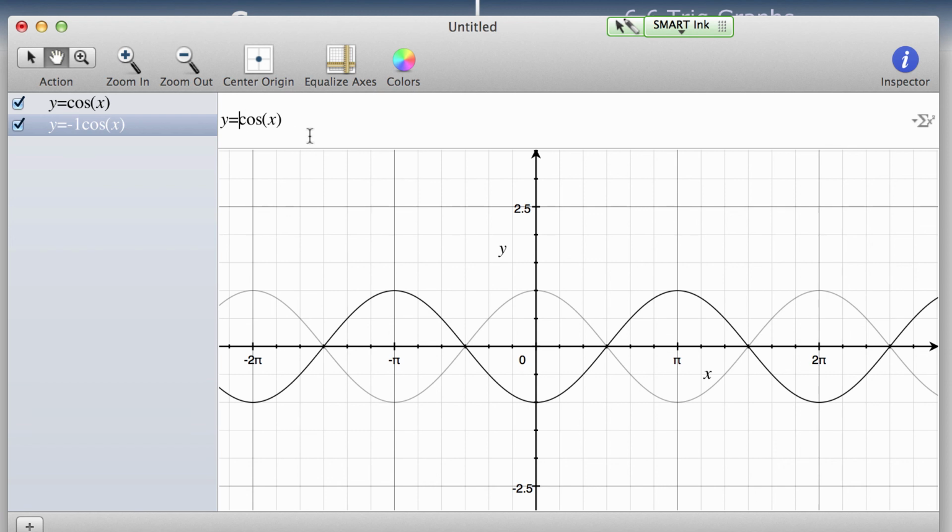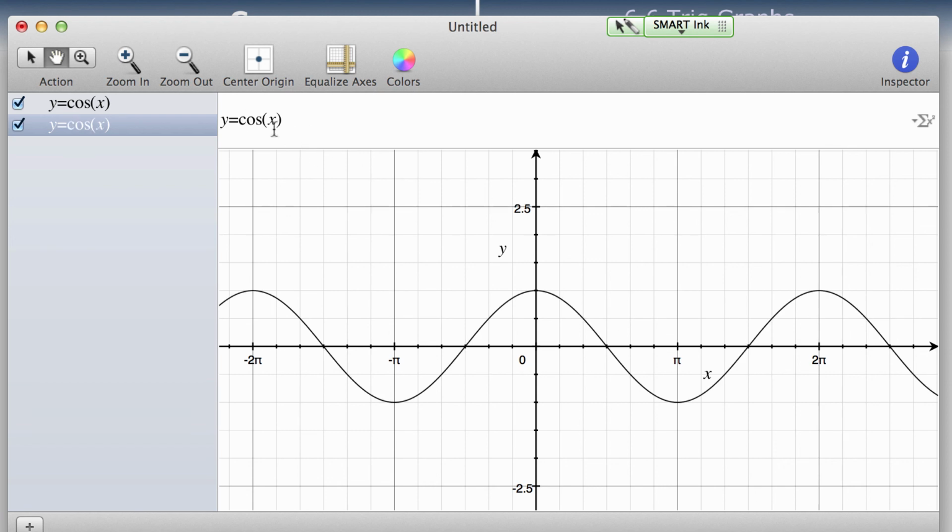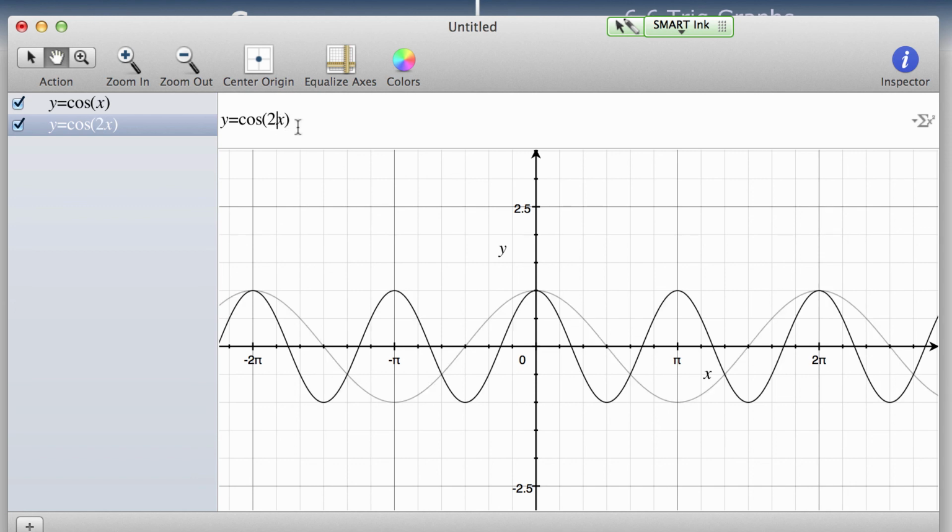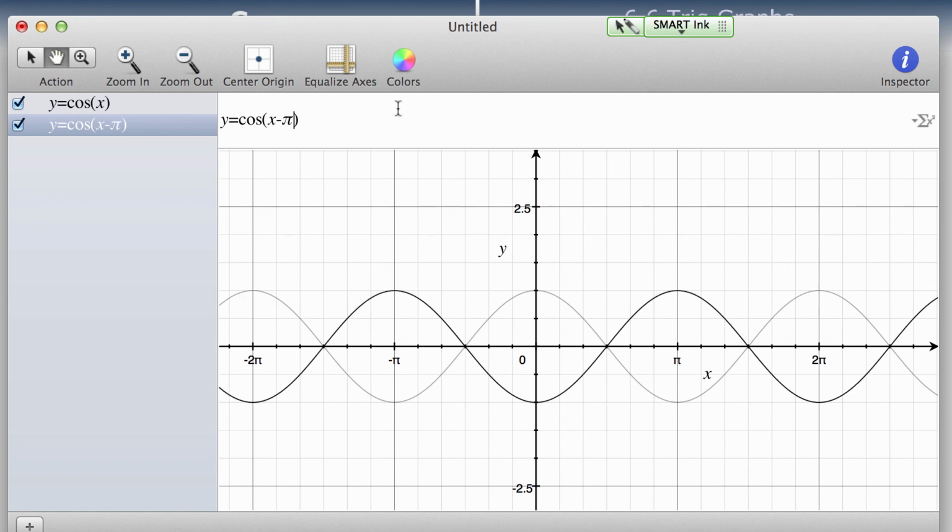So A does the same thing as normal. If I put a B value there, like a 2, it should make the period 2 of them into 360. Sure enough. If I put a minus 2, it'll reflect it on the y-axis, and it'll go this way instead. If I put a number over here, so minus, say, pi, now it's moved the graph to the right by pi.